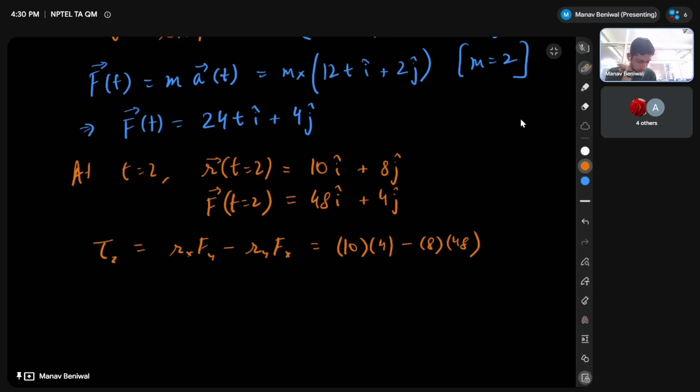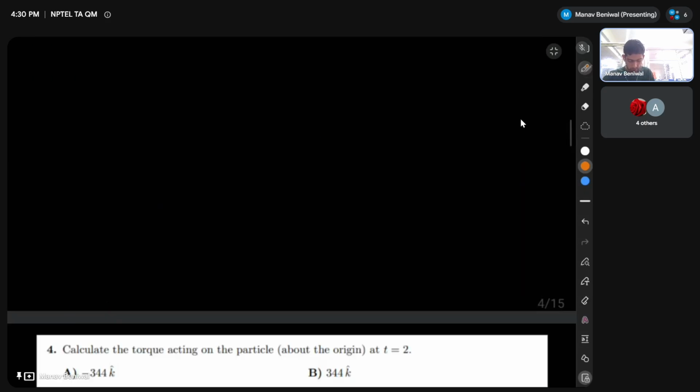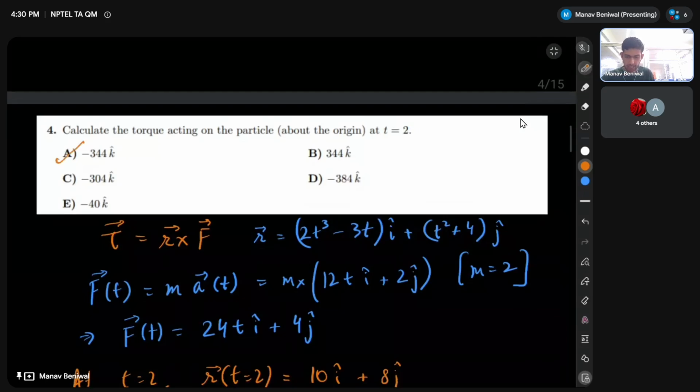So this will be 40 minus 384. So I subtract, this gives me minus 344. So my torque is minus 344 k cap units, which is option A.